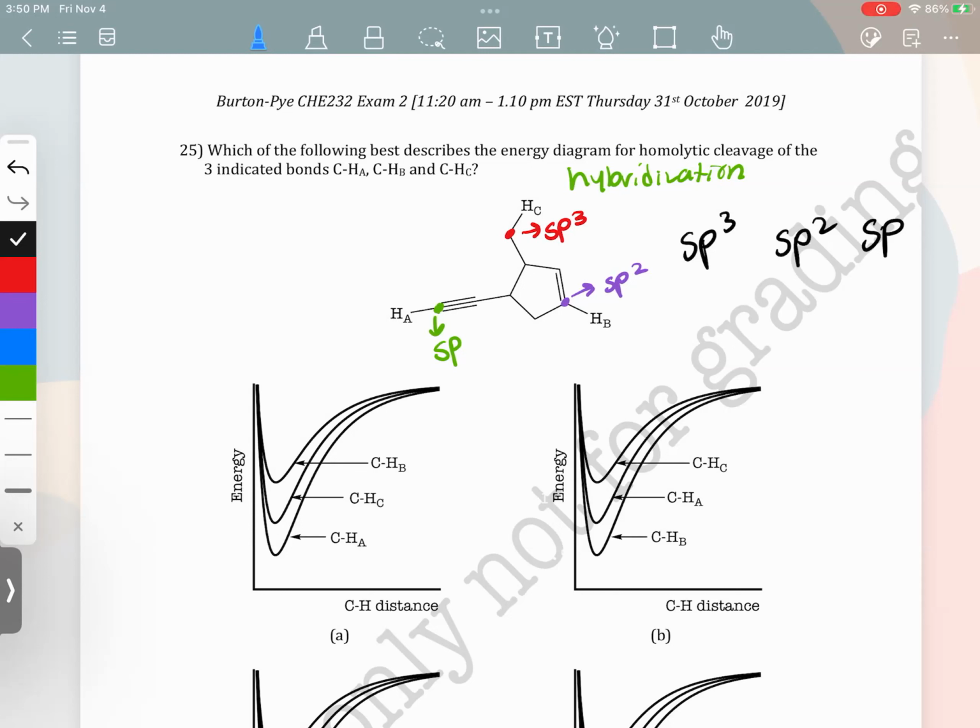You need a lot of energy to break a really good bond, like a strong bond. So that means its electron energy is lower. An sp hybridized orbital is lower in energy than an sp2, and an sp2 is lower in energy than an sp3.